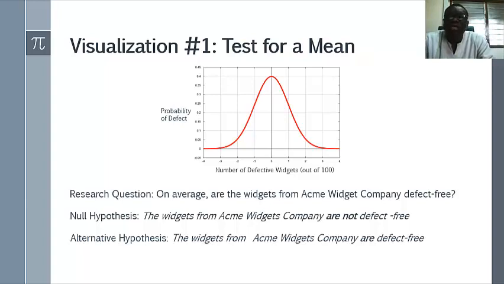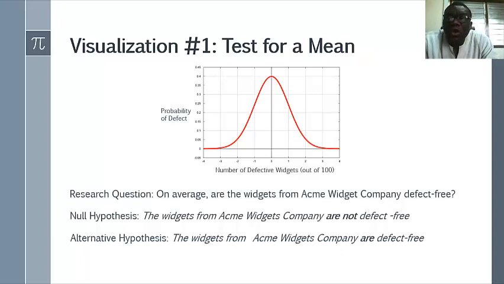So in a test for a mean, the null hypothesis indicates that the population mean should equal the hypothesized mean. Now the alternative hypothesis in a test for a mean indicates the population mean differs from the hypothesized mean. So having established that, let's go to our particular test for a mean research question.